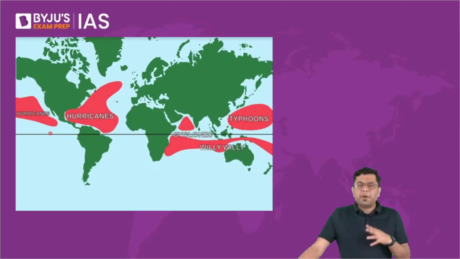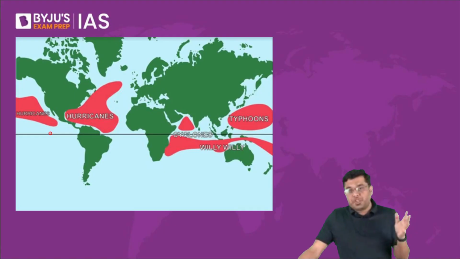So the temperature contrast will always get created in a more exaggerated way in the northern hemisphere as compared to the southern hemisphere. That is because the southern hemisphere is dotted with a lot of water bodies and various oceans, so the change of temperature is quite uniform.